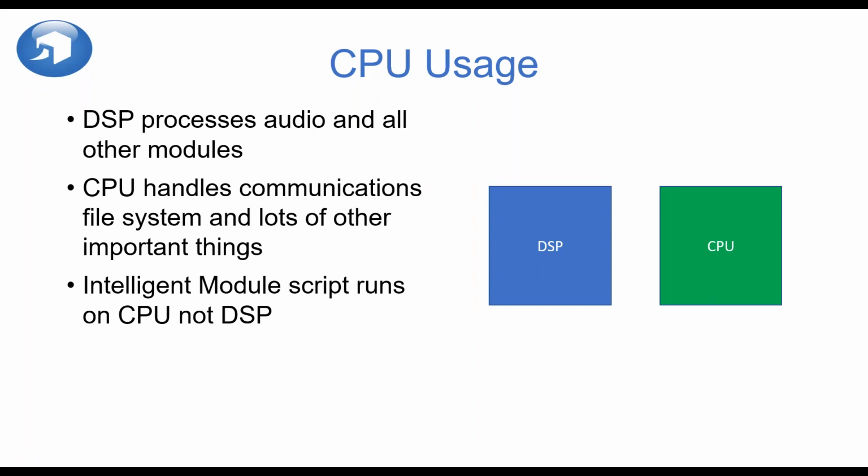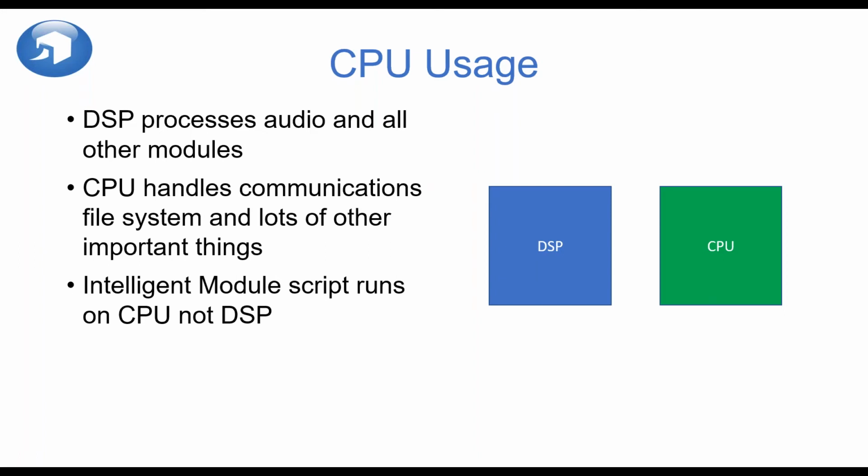So the control modules, the audio processing, that's all happening on the DSP, while the CPU handles basically everything else: communications to and from Composer, the file system, recording to a USB thumb drive if you have a Radius NX, the front panel. So everything else the CPU is handling, scheduling.